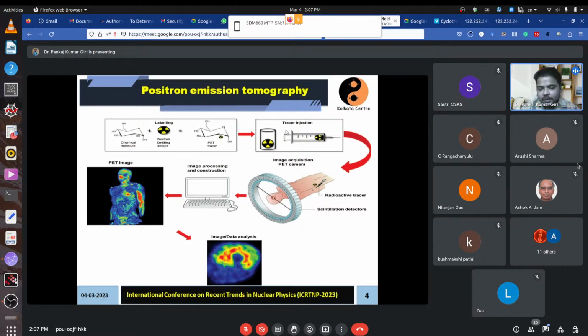We inject that PET tracer inside the patient's body, where it eventually emits photon energy, which is detected through the gamma detectors and builds a 3D model of our body, using coincidence of that particular gamma emission, and we have the image.